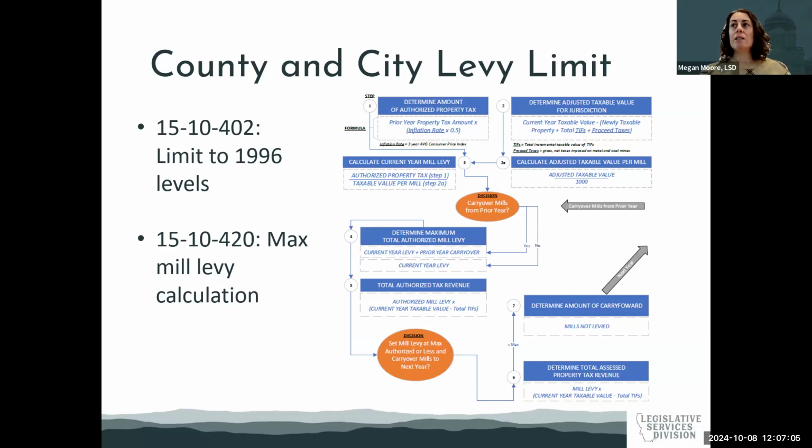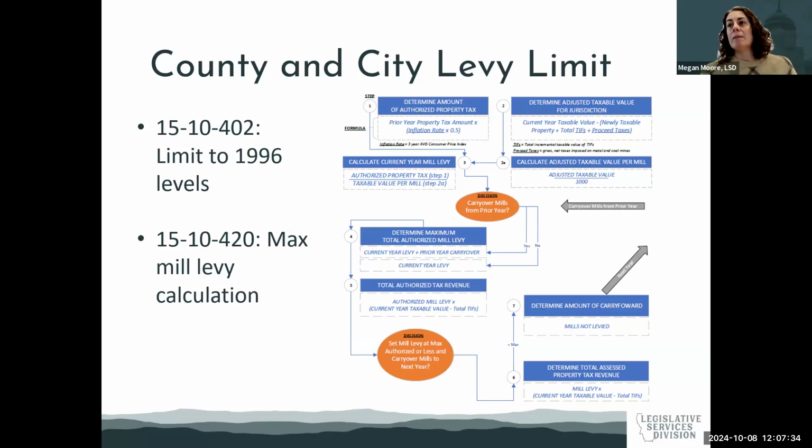And the second is to determine which mill levy will raise that amount of revenue using the taxable value of the jurisdiction. If you click on the graphic in this slide, it will take you to a white paper that has more information about the calculation in 15-10-420, and you'll be able to see the graphic perhaps more easily.